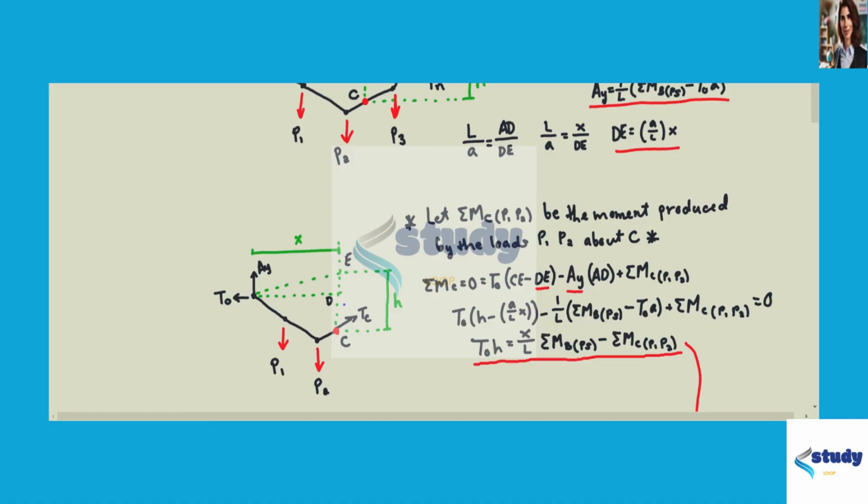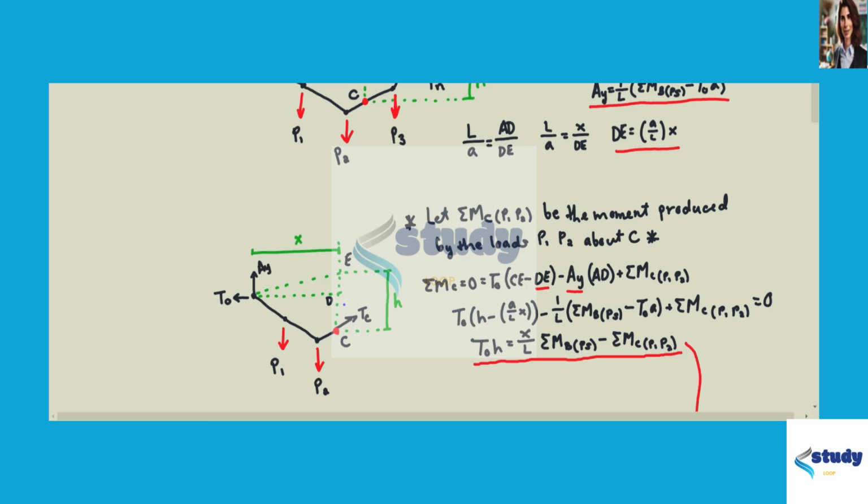This equals T naught times CE minus DE, minus AY times AD, plus the sum of moments around C due to P1 and P2. So we can plug in the DE and AY equations that we found above. So T naught times H minus A over L X, minus 1 over L times the sum of moments B due to all the loads minus T naught times A, plus the sum of moments around C due to P1 and P2, and set that equal to 0.